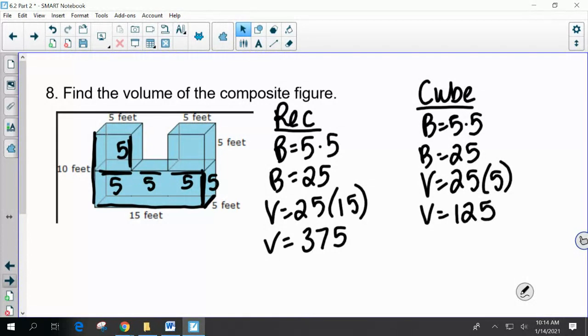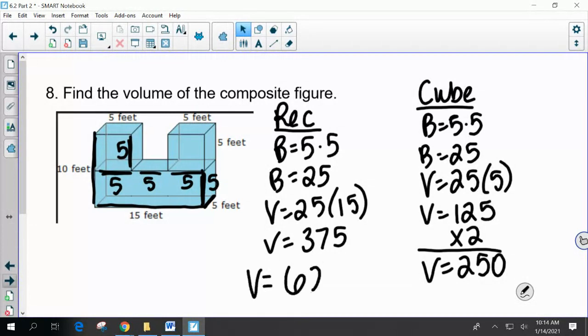Now that's one of them. What should I do? Double it, because I have 2 of them. 250. Okay, and then I need to add my numbers together. 625 feet cubed.